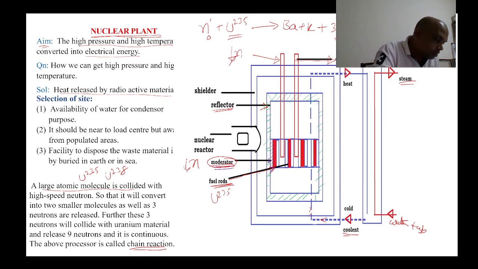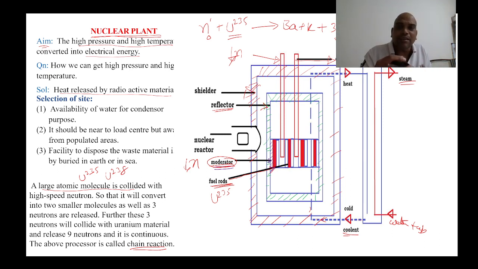So coming to shielding, this part is shielding. Now what is the function of shielding? It is used to prevent beta and gamma particles from escaping from the reactor.